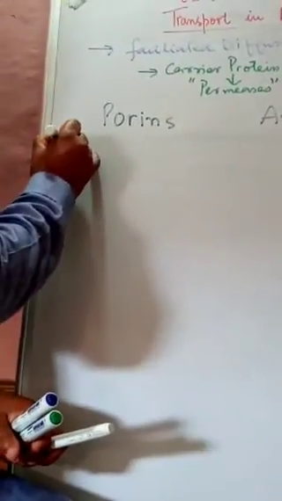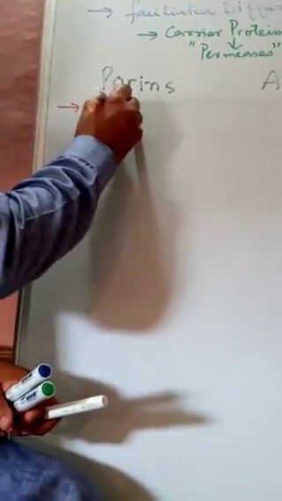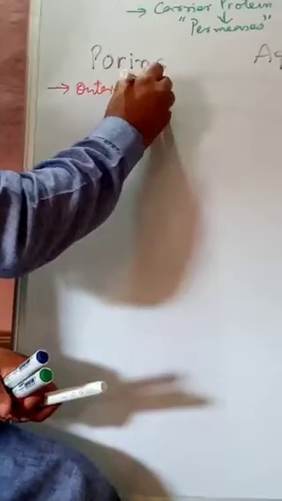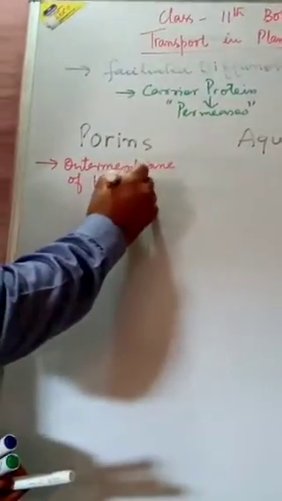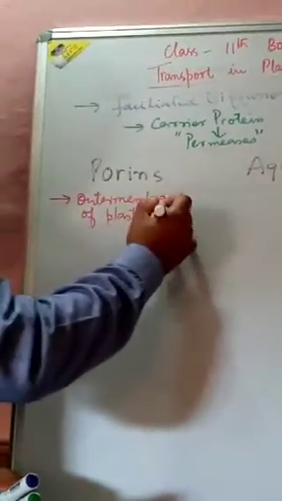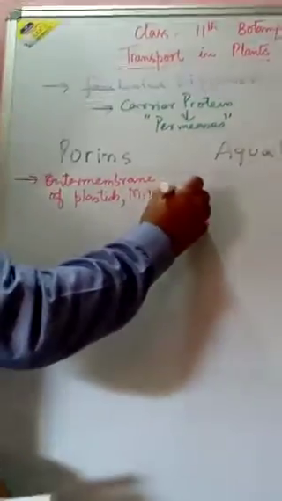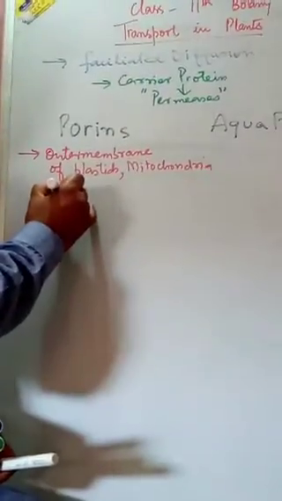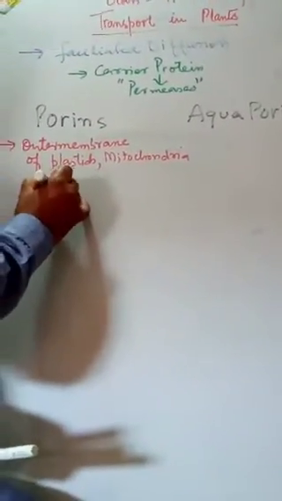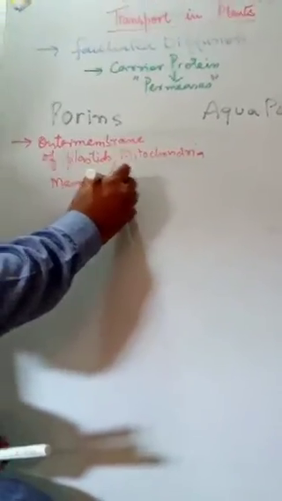What are porins? These are the carrier proteins which are mainly found on the outer membrane of plastids, on the outer membrane of the mitochondria. These porins are mainly found on the membranes of bacteria.